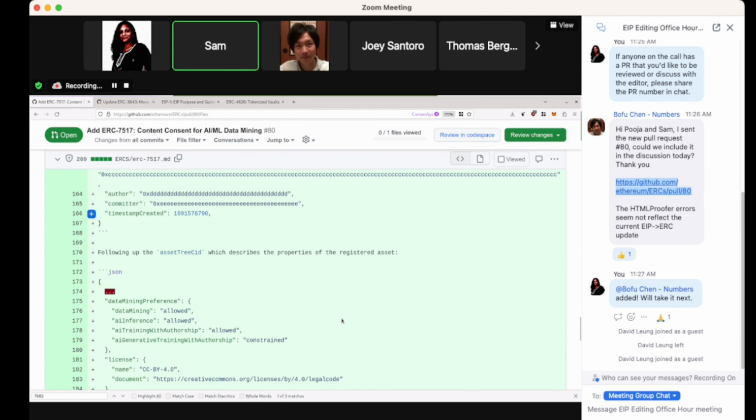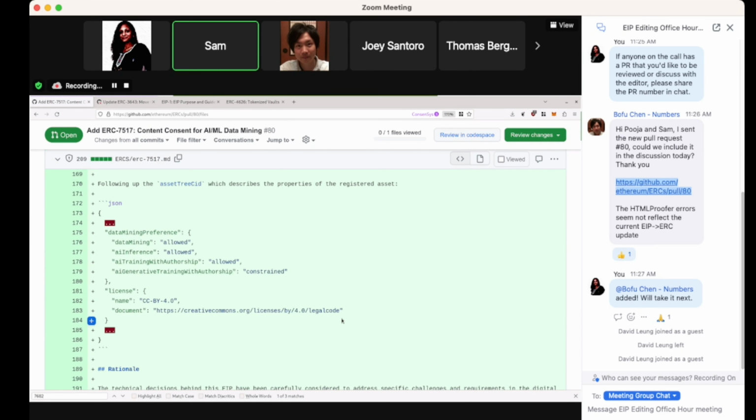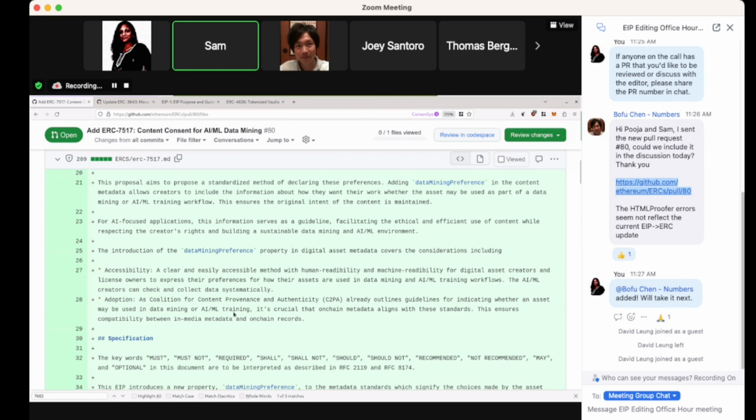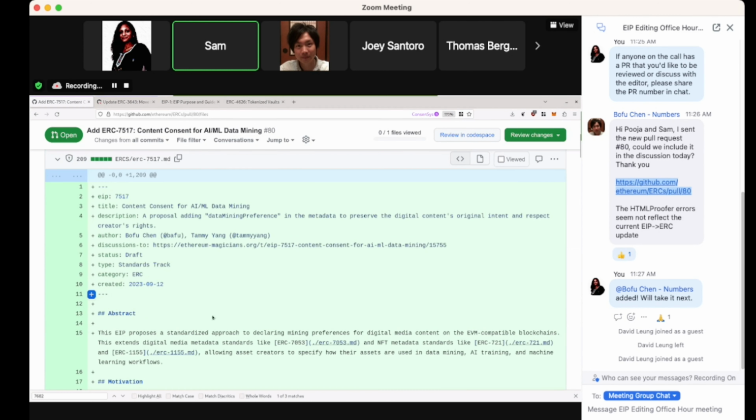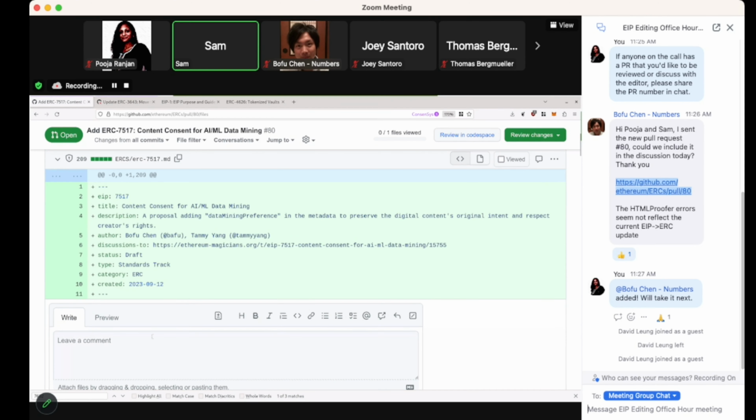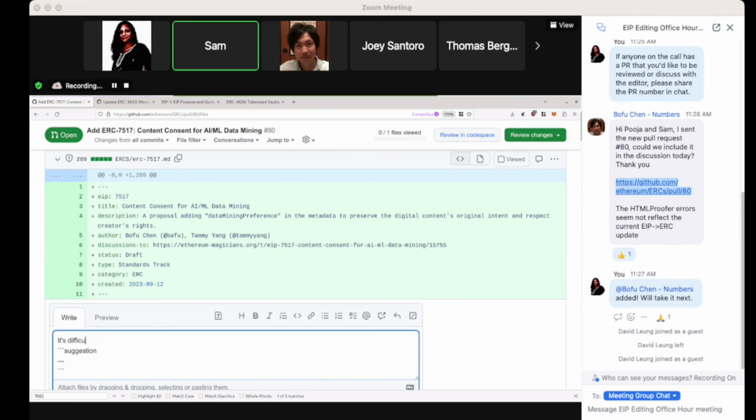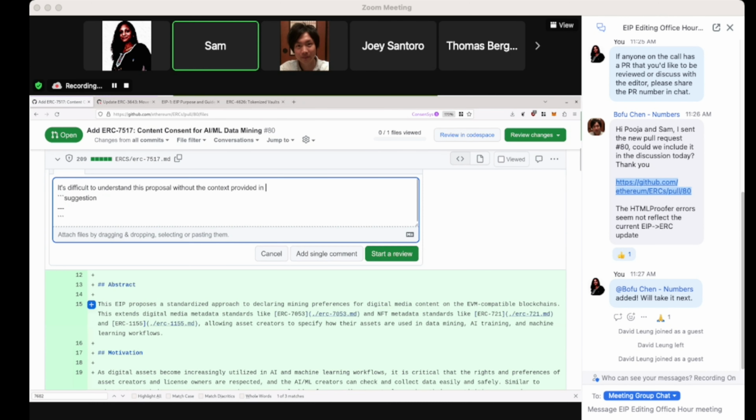Yeah, so even though this doesn't specifically depend on those EIPs, I would say that it's hard to understand this EIP without them. Understand this.